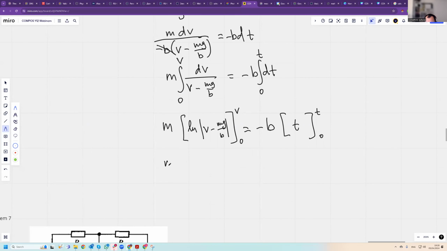So I substitute the limits. So m logarithm of v minus mg over b, minus logarithm of 0 minus mg over b, equals minus bt.